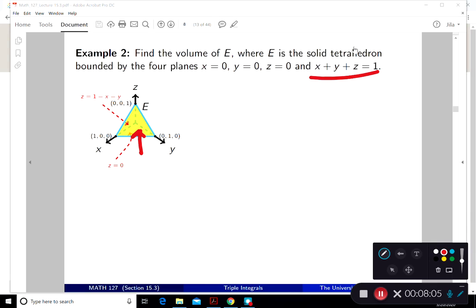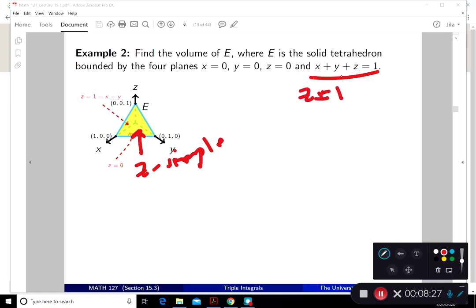And so I can set up the most inner integral. If it's z simple, then I have to have z equal to something for the upper surface. How do I do that? I solve for z over here.